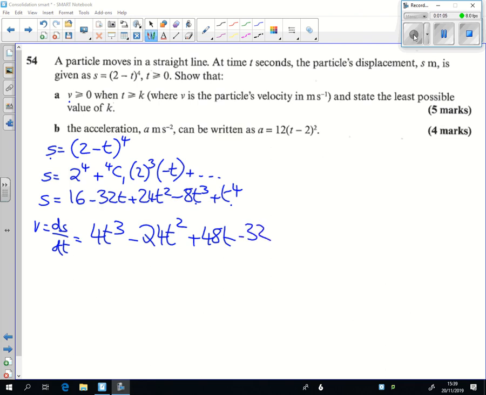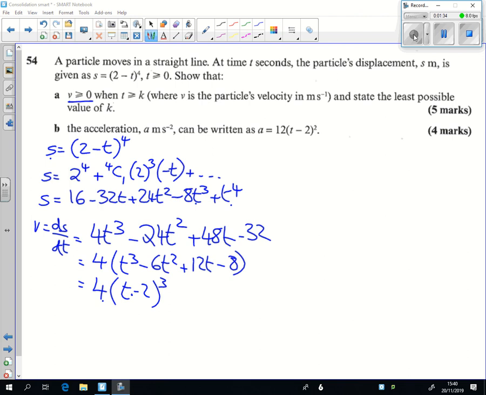You'll notice all of that's got a factor of 4. And so I've got 4 lots of t cubed minus 6t squared plus 12t minus 8. And what you probably don't notice, but you'd have to if you're doing it this way, is that that is actually t minus 2 all cubed. And we're saying that the velocity is greater than 0.